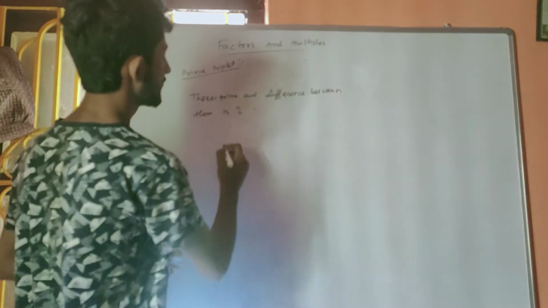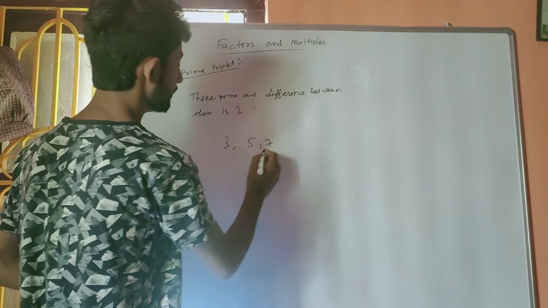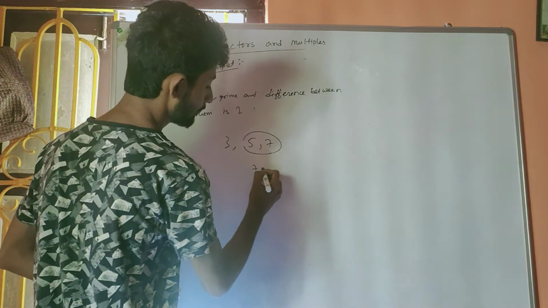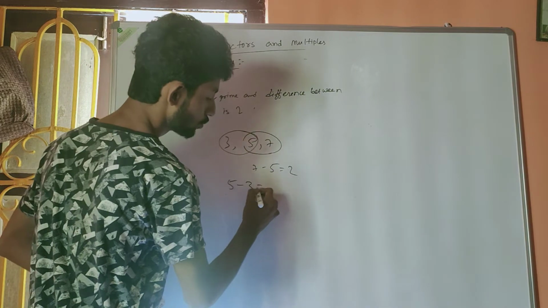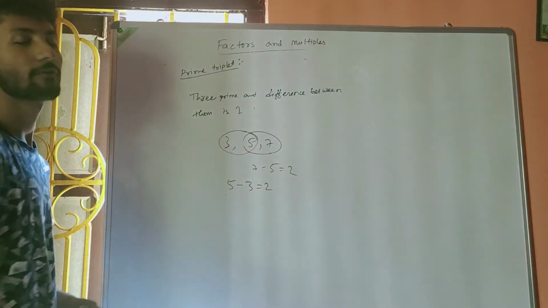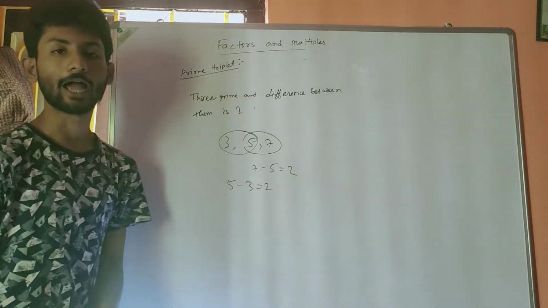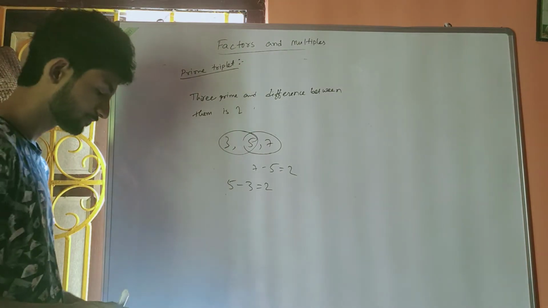So suppose there is 3, 5 and 7. The difference of 5 and 7 is 2. Difference of 5 and 3 is 2. So in that case 3, 5, 7 are a prime triplet.